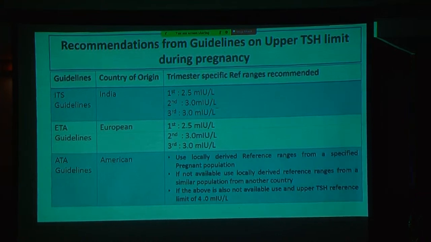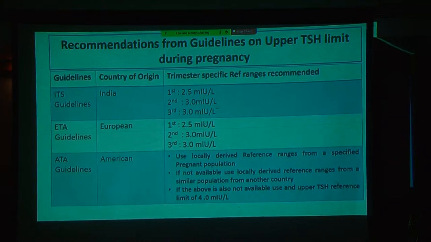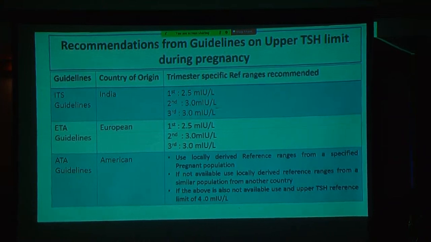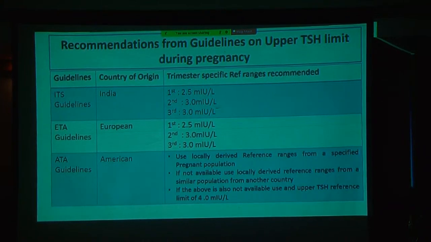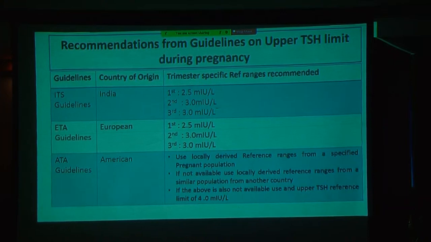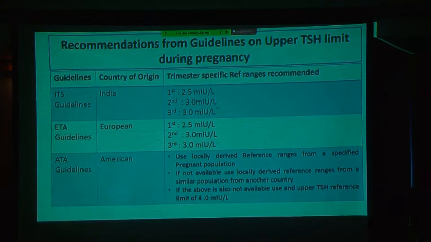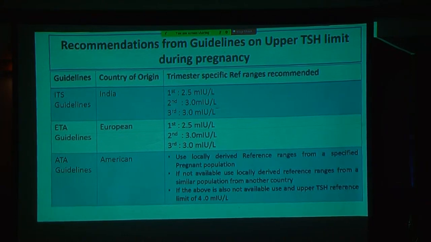Are we treating these people unnecessarily, or over-treating these people? What they said is, take a locally available prevalence, like in Kottayam, take a group of people and their average TSH value. So locally derived reference ranges are there.